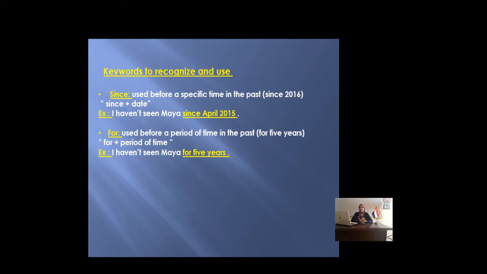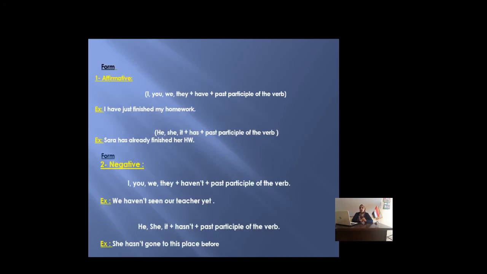I haven't seen Maya since April 2015. So you gave me a specific time. And why this? Because we said that since tells you everything. And Miss For, the fluffy girl, is used for a period of time in the past, maybe for 5 years, I don't know the specific time.